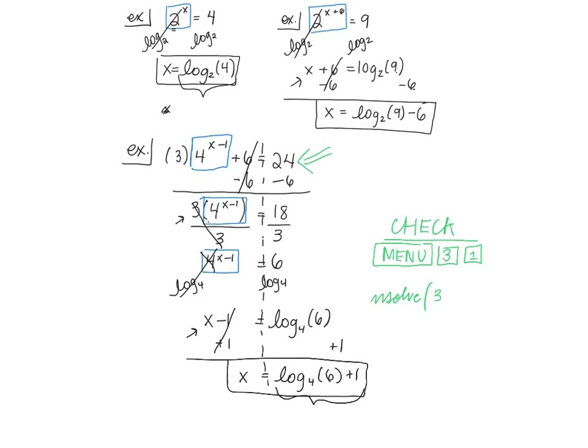So we'll say 3 times 4 to the x minus 1 plus 6 equals 24, comma, I'm going to say my variable, so we'll have comma x. Y'all don't forget to arrow over to get out of your exponent.